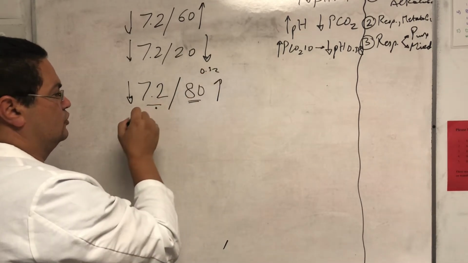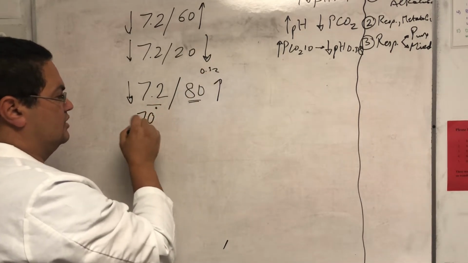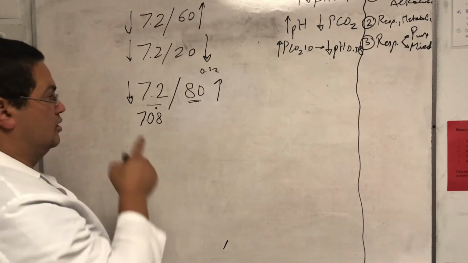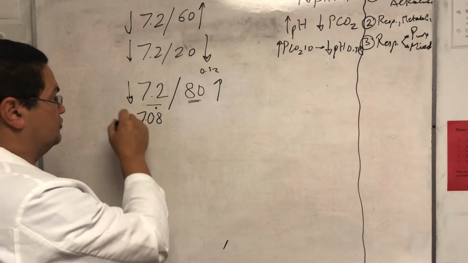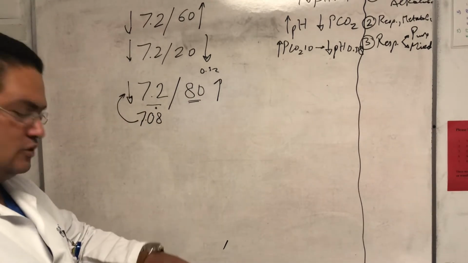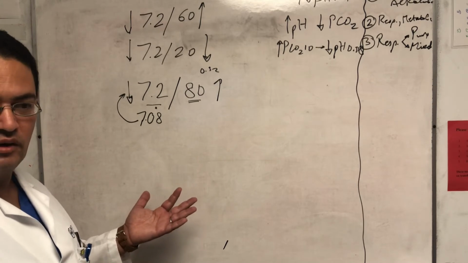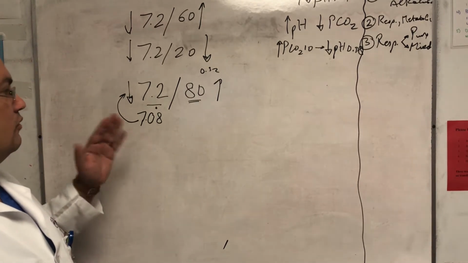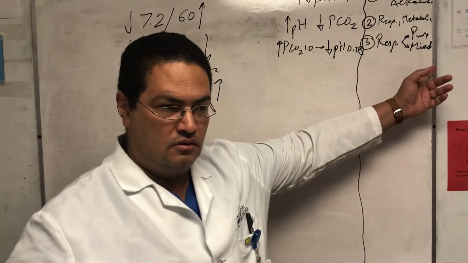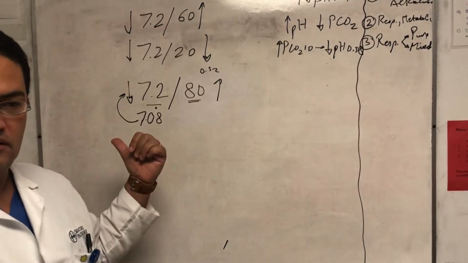So this should have been 7.08. It's going down by 0.32. But it's not 7.08, it is actually 7.2. So that means something else brought it up to 7.2. Right? That's how it works. So right off, I know that it's a mixed disorder, just by looking at the gas like this.